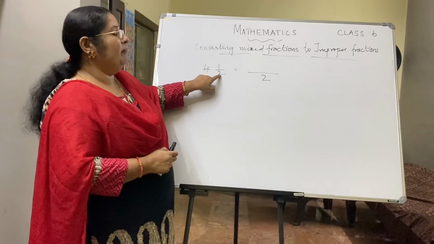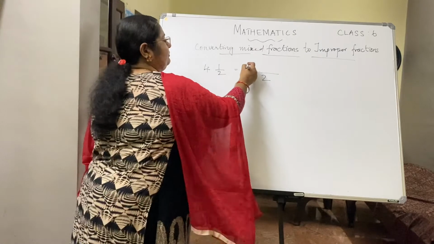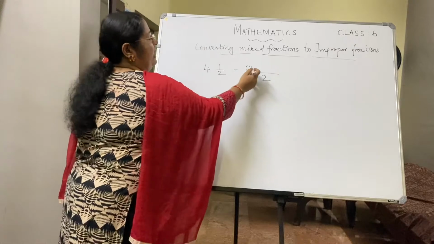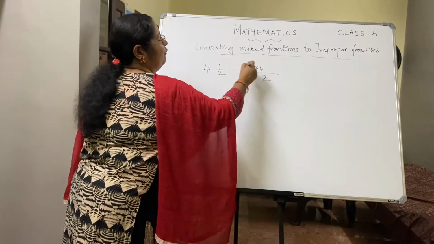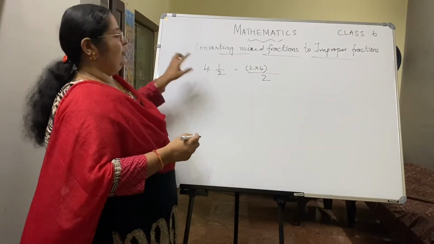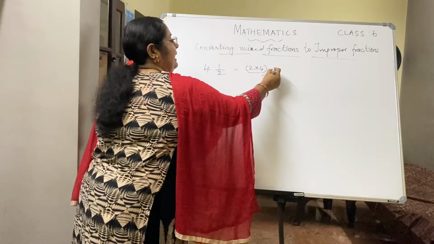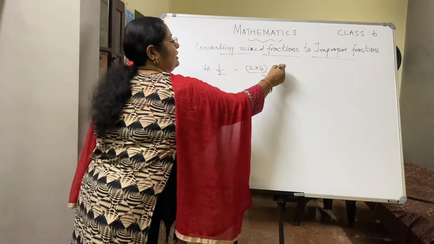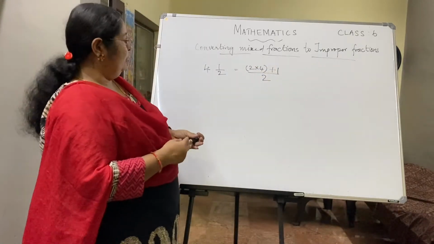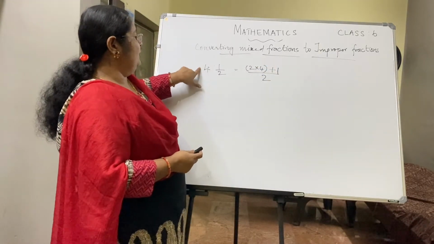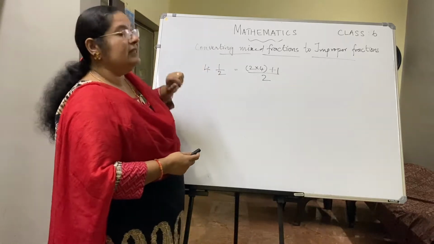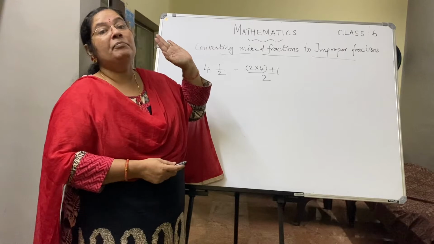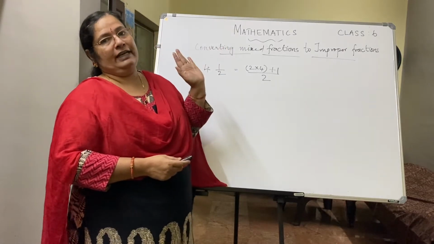The denominator is 2, the whole number part is 4. So 2 into 4, and then add the numerator of the proper fraction. So denominator into whole number part plus the numerator will give you the numerator for the improper fraction.